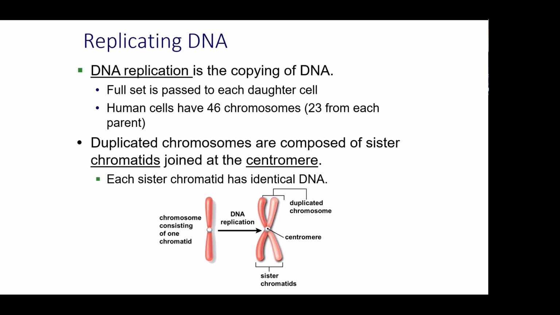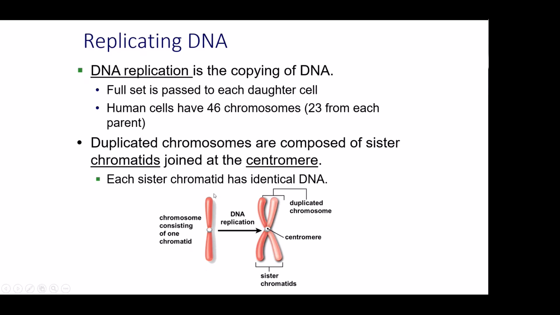So this DNA replication, we'll give you the short version first. The result is this copying of DNA. When you look at a chromosome, of course, you have the centromere here, you have the two duplicated chromosomes, the two sister chromatids identical to each other.